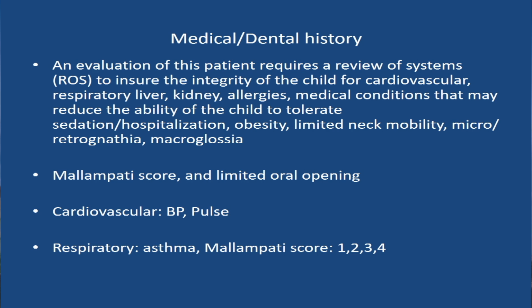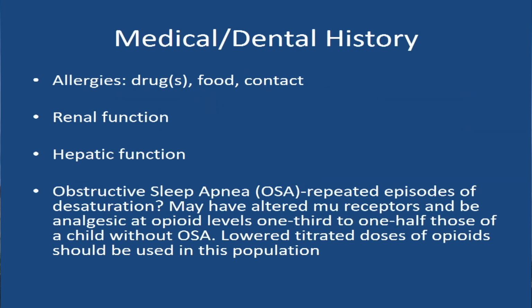Respiratory, you want to know, does the patient have asthma? What score of Mallampati if they've been diagnosed? 1, 2, 3, or 4. Remember, 1 is the least and 4 is the greatest. So those are the things you want to look for. Look for allergies. Did they have any drug allergies? Do they have any food allergies? Do they have any contact allergies?